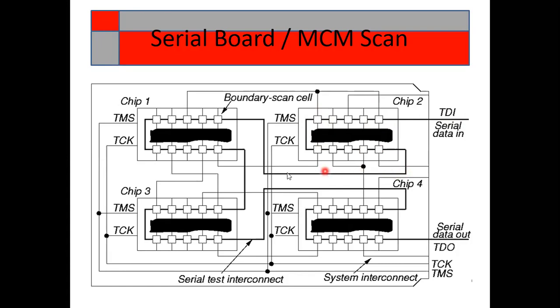That output we apply as the input to chip 1. After that, the output from chip 1 is applied to the input of chip 3, and in that way it is serially connected and we obtain the serial data out in the boundary scan test.